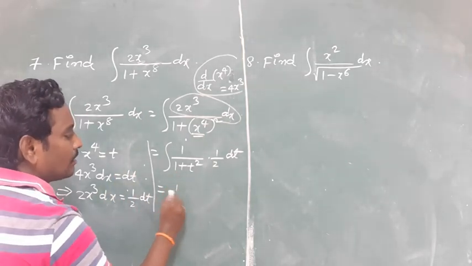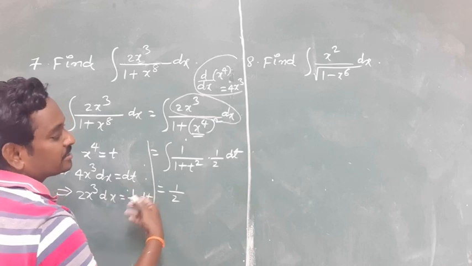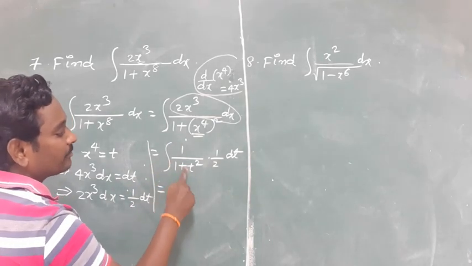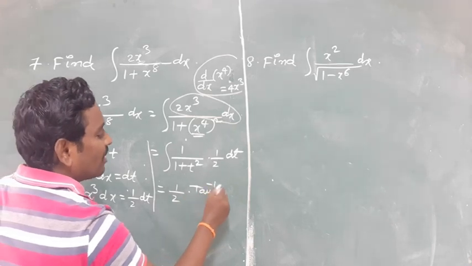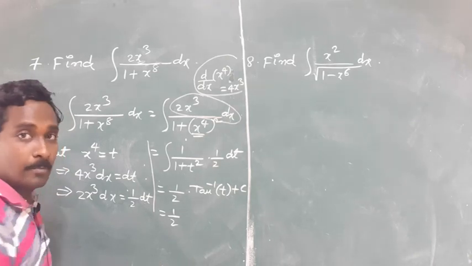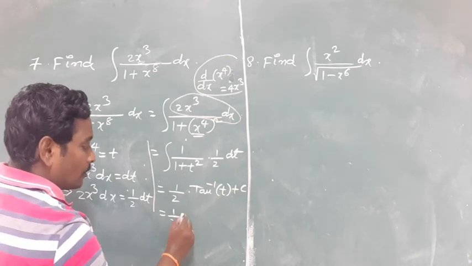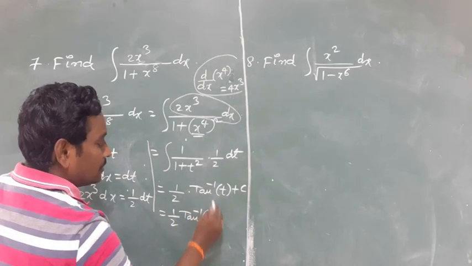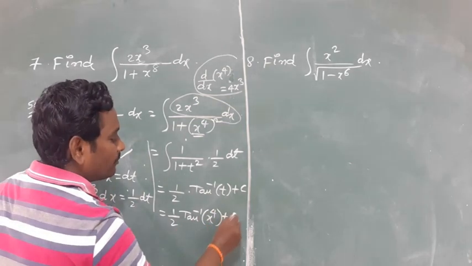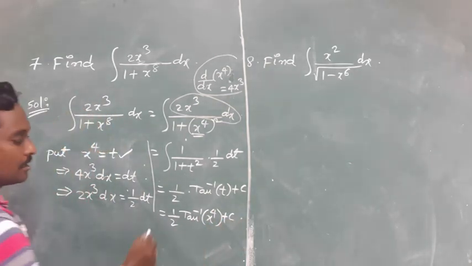So take outside the constant 1 by 2 and integration of 1 by 1 plus t square is tan inverse of t. Integration is completed, plus c. So 1 by 2 into tan inverse of t, t is nothing but x power 4, x power 4 plus c. In this way we can complete the problem.